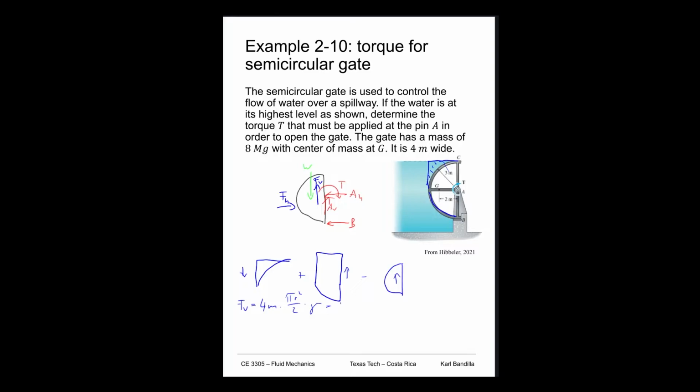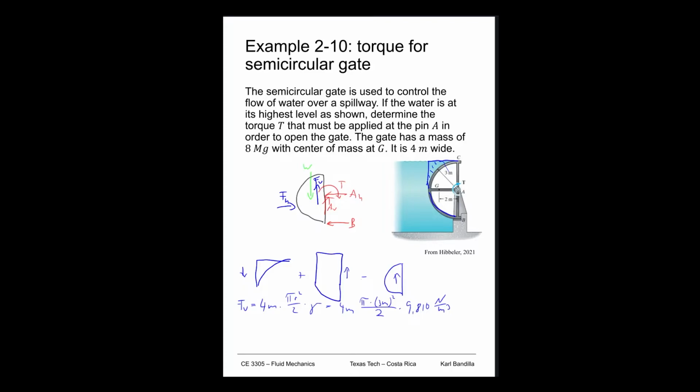So that gives us 4 meters times pi times 3 meters squared divided by 2 times 9,810 Newton per meter cubed.